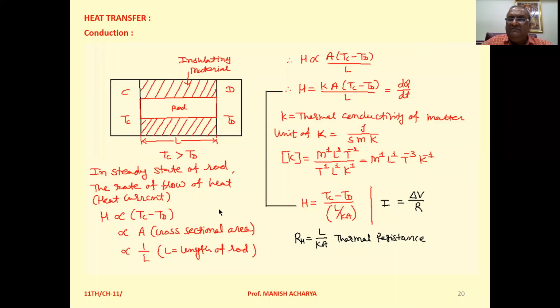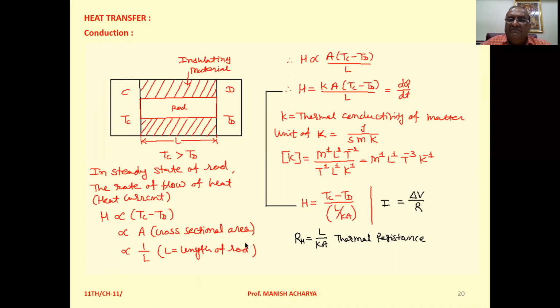Now, experimentally, we can observe this: the rate of flow of heat, which is also known as heat current, is denoted by H as well as by dQ/dt. The rate of flow of heat is directly proportional to the temperature difference between the two ends of the rod, directly proportional to the cross-sectional area of the rod, and inversely proportional to the length of the rod.